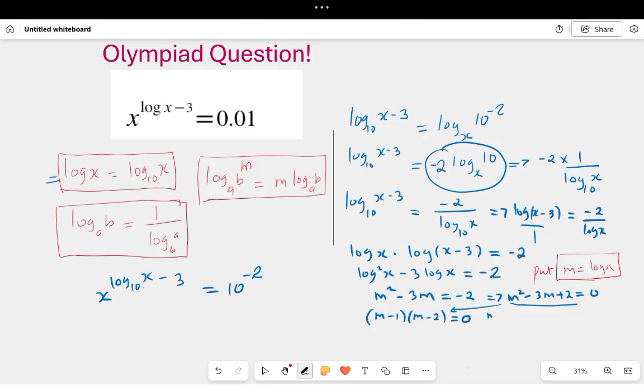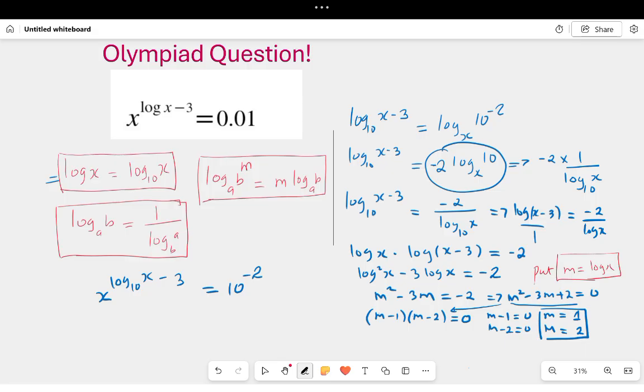Therefore, it means m minus 1 is equal to 0, and therefore m is equal to 1. Then m minus 2 is equal to 0. The second solution is 2. Those are the two solutions for m.